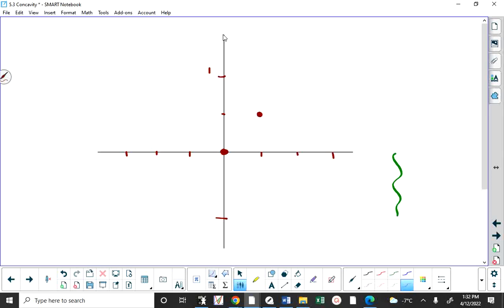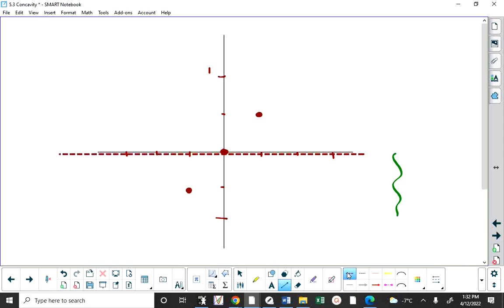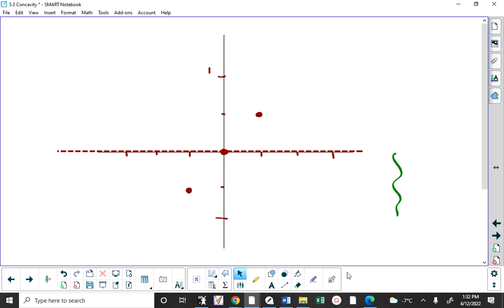It has a maximum here. It has a minimum at negative 1, negative 1/2. There's that odd symmetry looking at those 3 points. Let's throw in our asymptote. I believe, if memory serves, the x-axis was an asymptote. Yes? Okay.